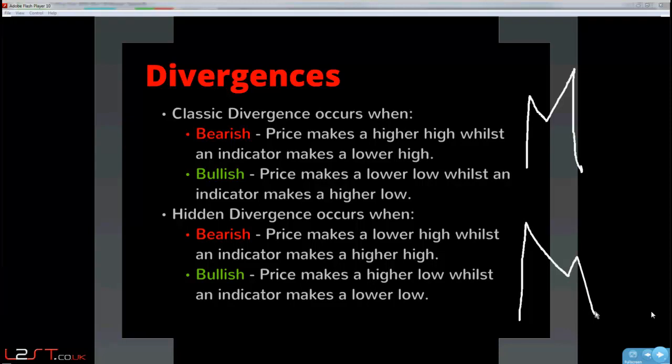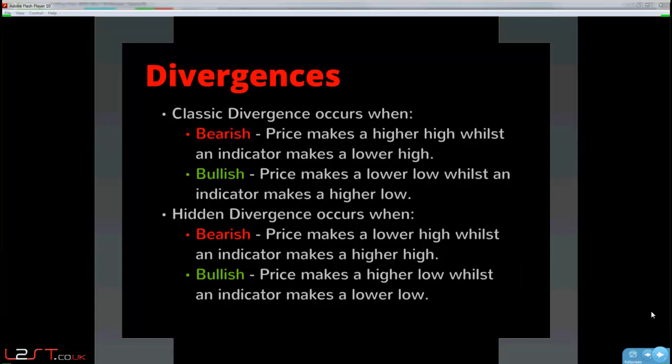Now, from an order flow perspective, if we're looking at the amount of aggressive selling hitting the bid and the amount of aggressive buying lifting the offer, this is quite a good indication that the market may be getting ready to turn, because if price is higher but more sellers are still hitting the bids, it means more of the aggressive order flow is actually trying to push this market lower. Then there's a good chance this market may be getting ready to reverse. So that's what we call a bearish classic divergence.